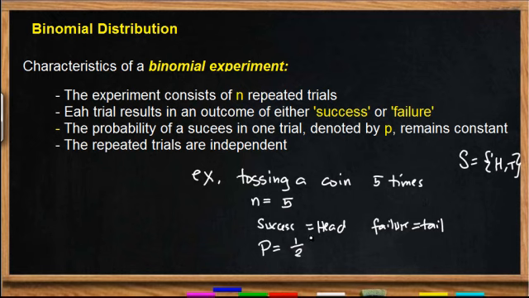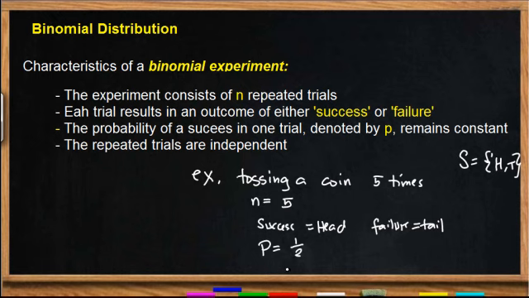And this is constant, meaning primero atong toss, ang probability nga makuha tag head is 1/2. Ikaduhang toss, 1/2 lang gihapon. Ikatulo, 1/2 lang gihapon. And finally, the repeated trials are independent. Independent meaning dili maapektuhan ang ikaduha nga trial sa result sa first trial. For example, sa first trial head ang nigawas. Sunod nga trial, wala siya pakialam kung ang previous trial is head ba or tail ang nigawas.